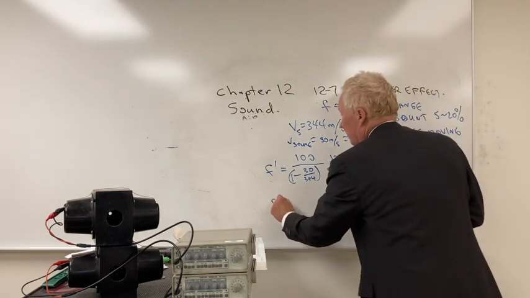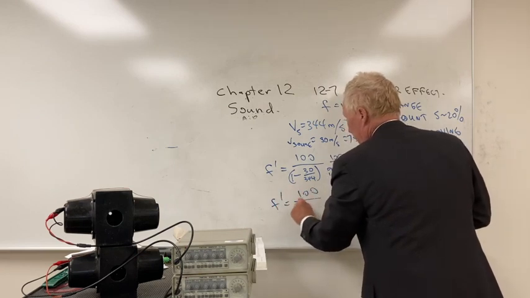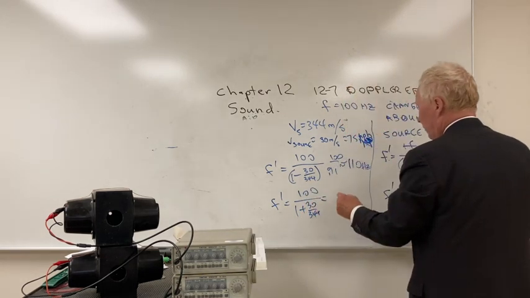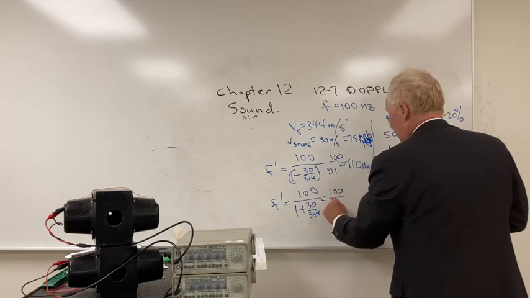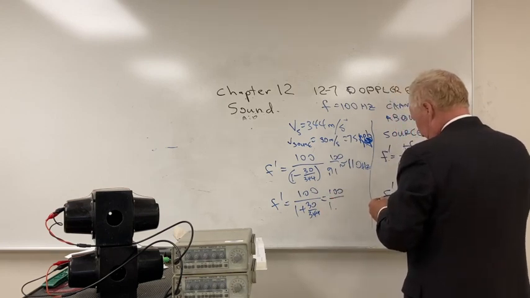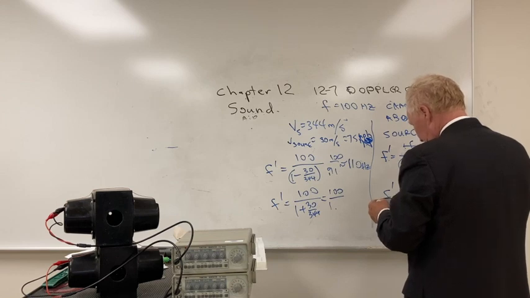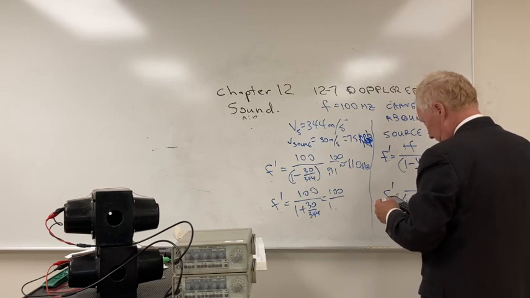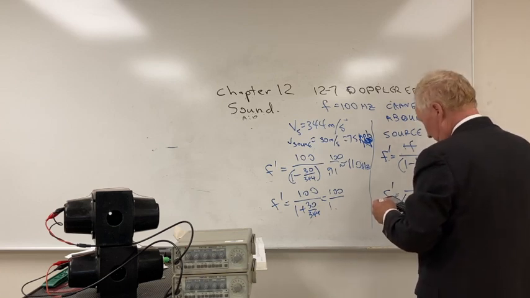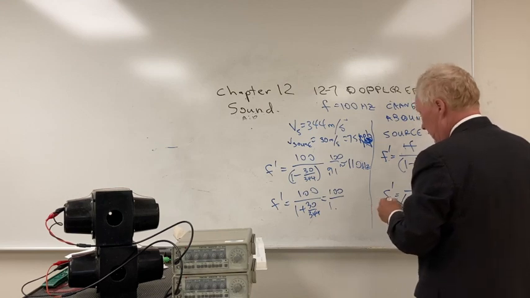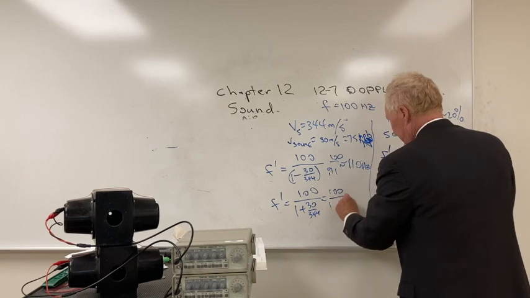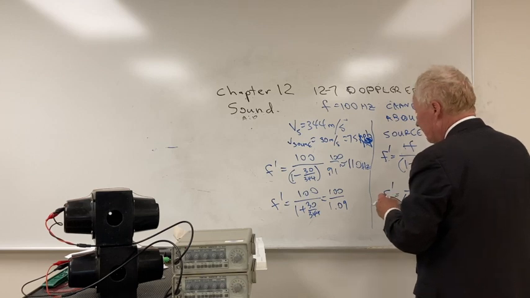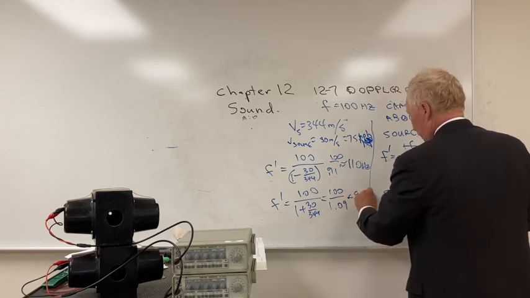Now if it's moving away, same thing: it'd be 100 over 1 plus 30 over 344, which would be approximately 92 hertz.